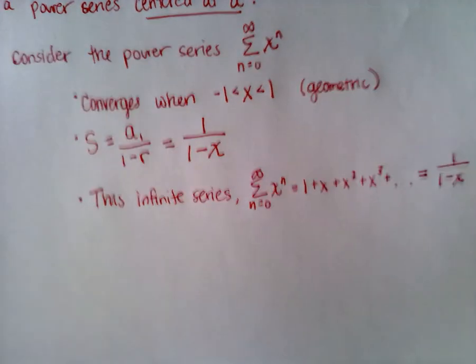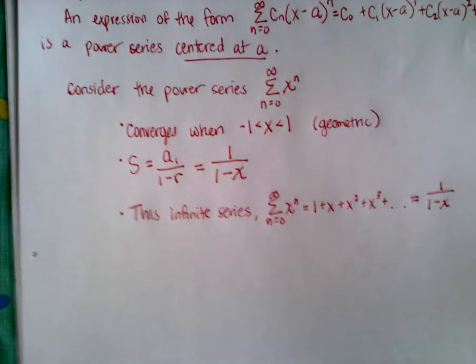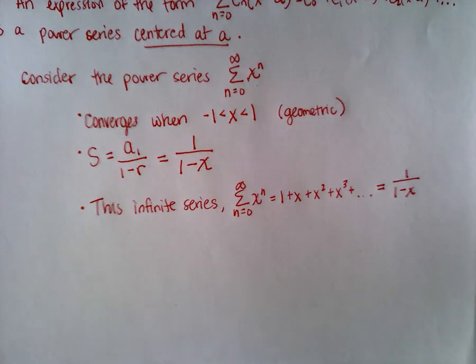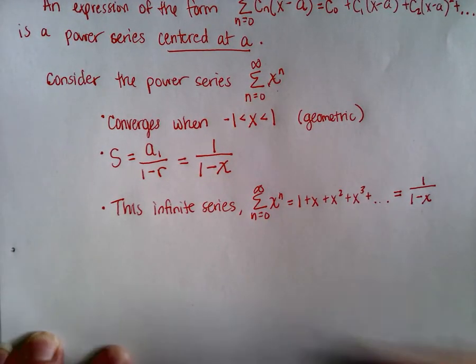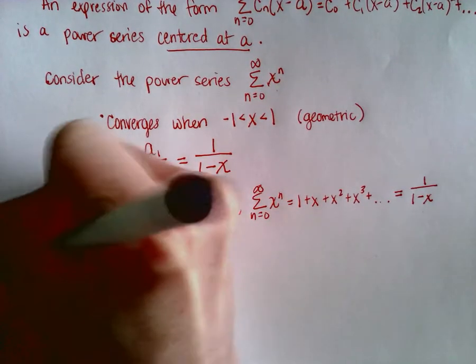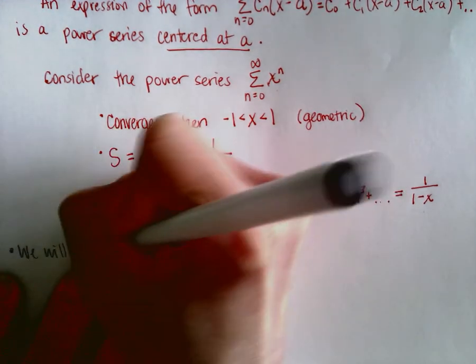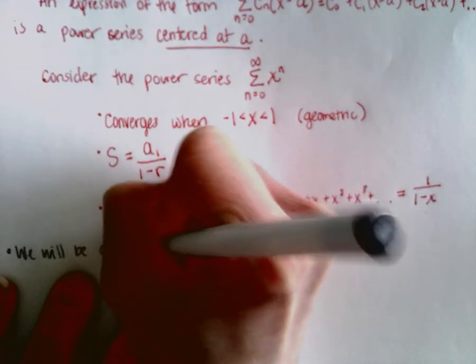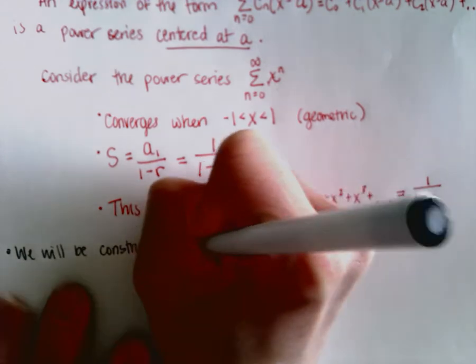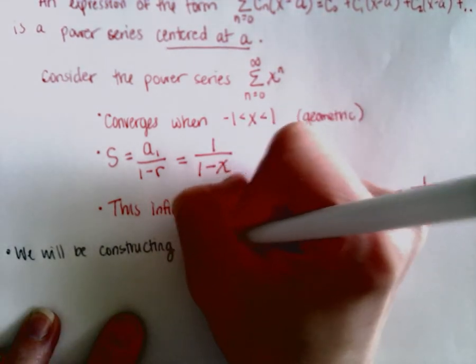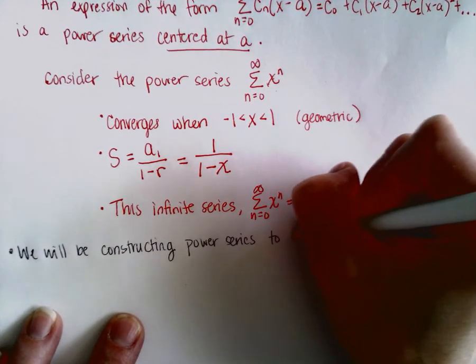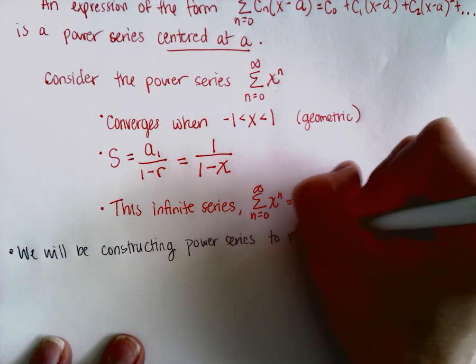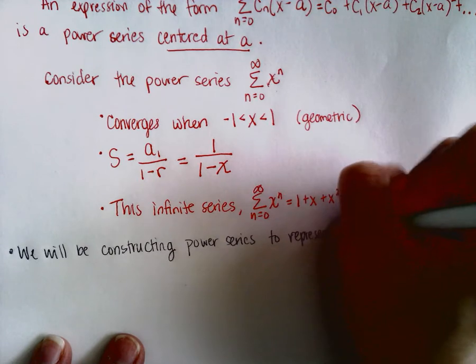Let me zoom out a little with my camera. Okay, so one little note to make is that we will be constructing power series to represent a variety of functions.